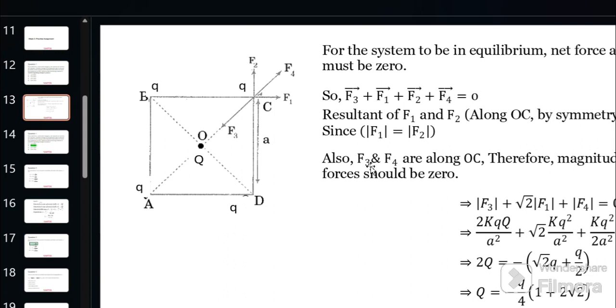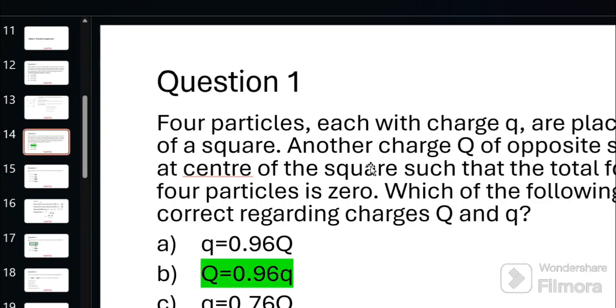The resultant is root 2 of F1. Using that equation, we find out the relation between q and Q so that it is in equilibrium. So this is the relation. The answer is B.